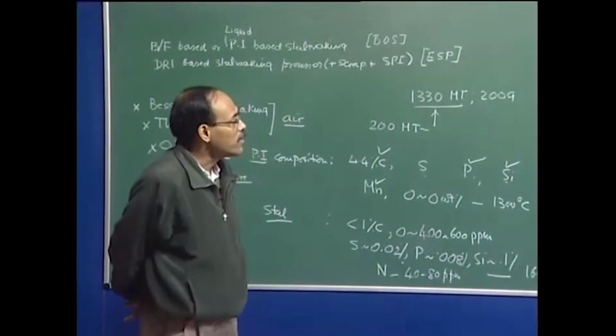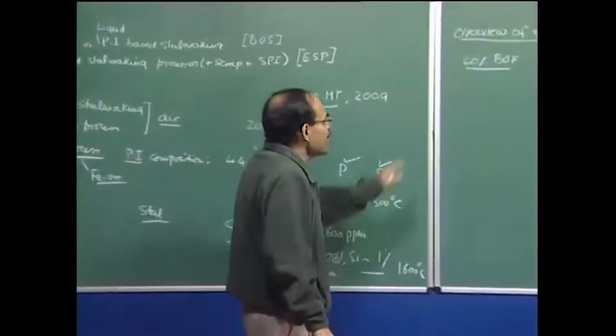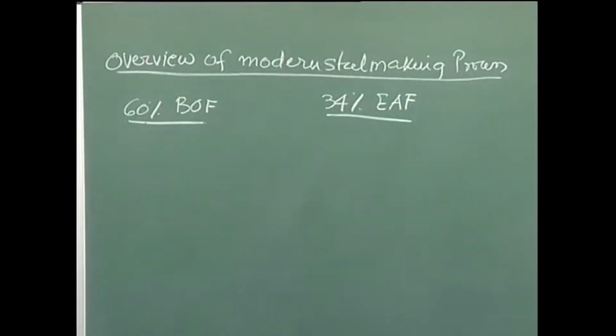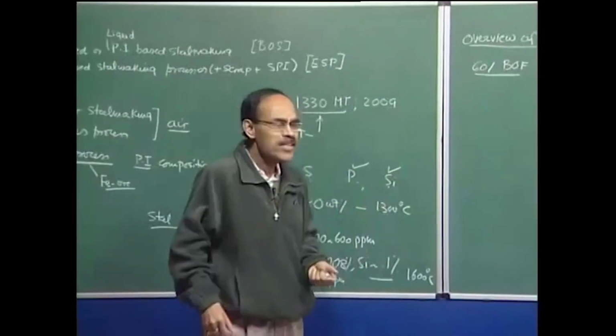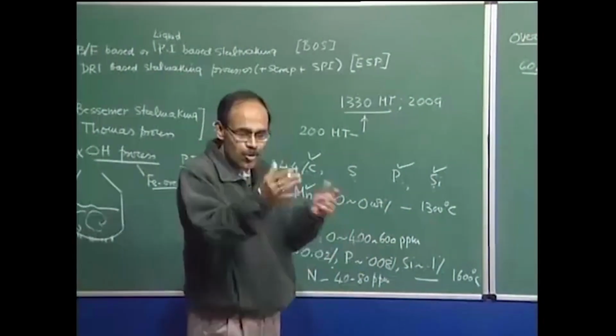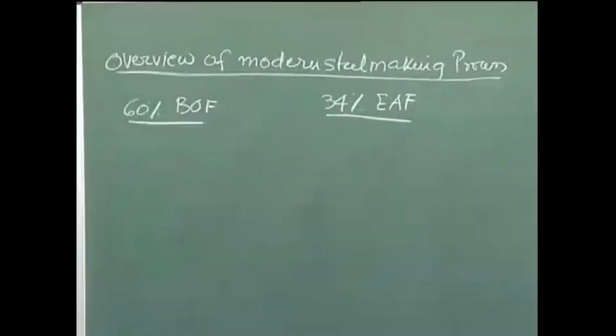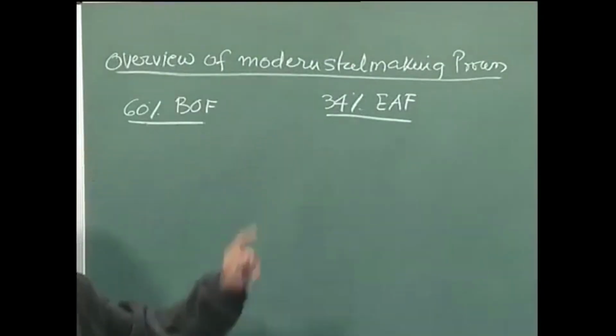The remaining 6% could be many industries like induction furnaces, open hearth furnaces, a few of them which are available. So, the other processes, induction, open hearth, etc., fill in the gap and make it 100%.